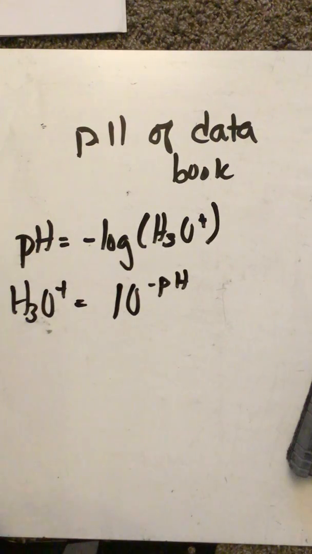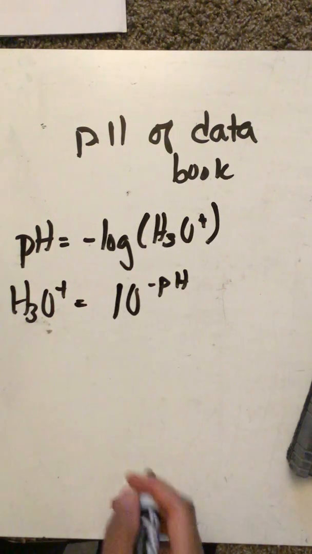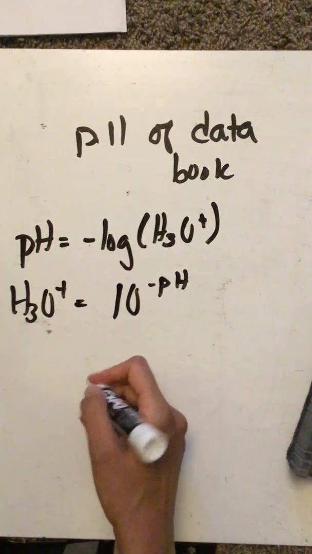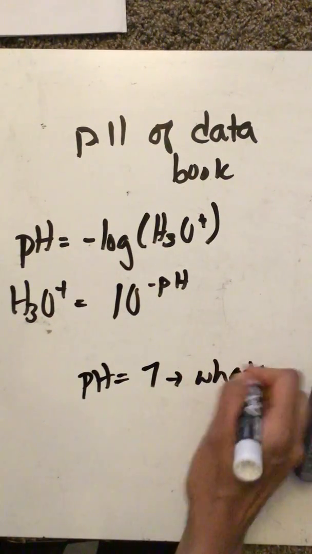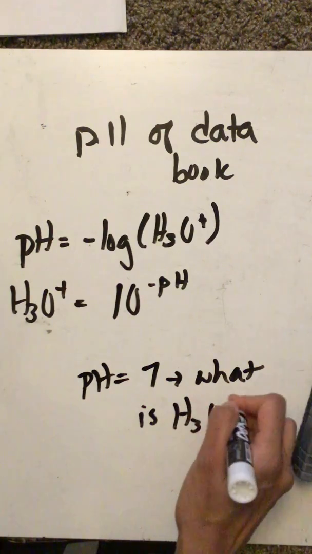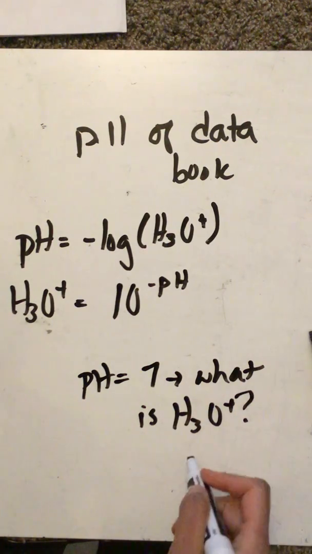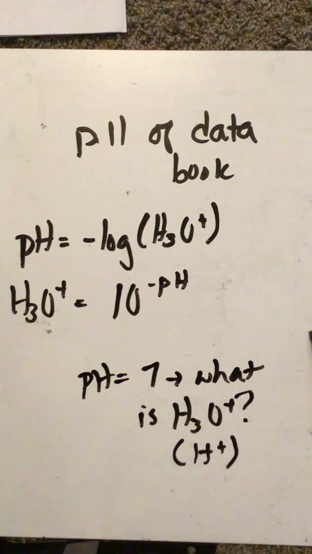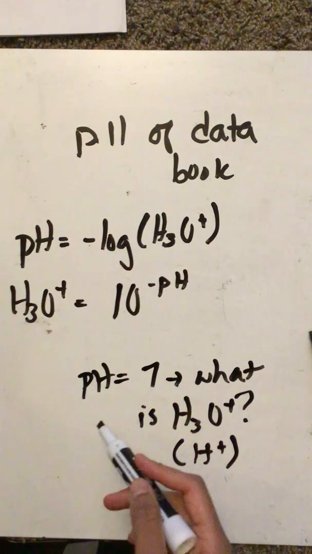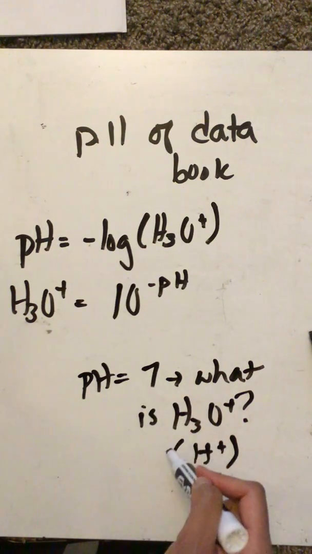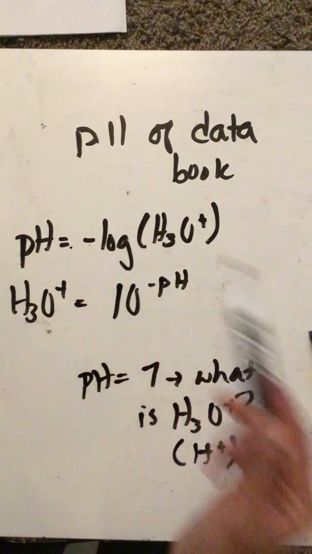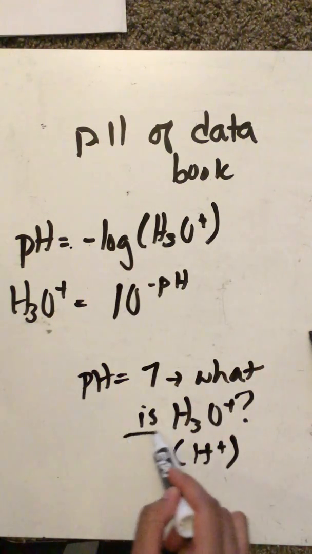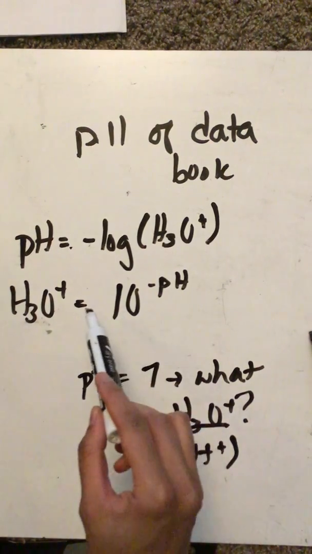If it says the pH is 7, what is the hydronium concentration? And hydronium is just like the H positive, that's all it means. So which equation are you using? It's asking you for hydronium concentration, so you're going to use this one.